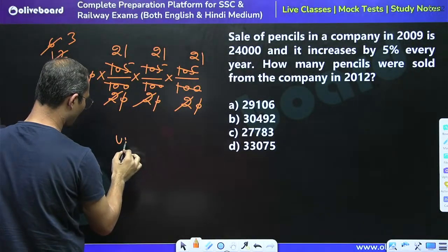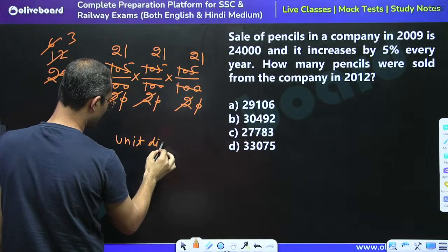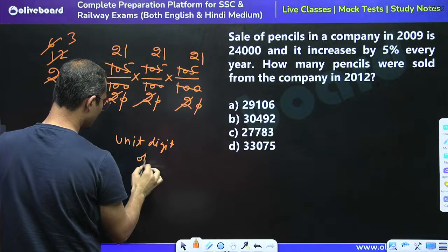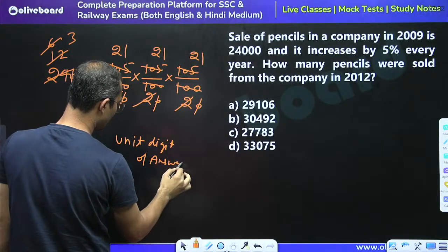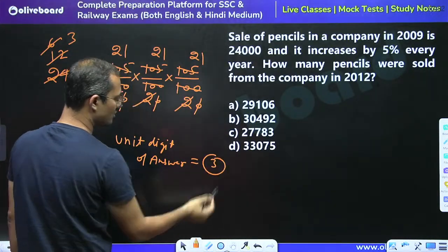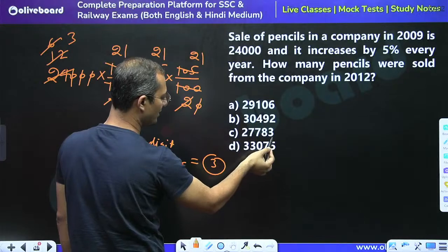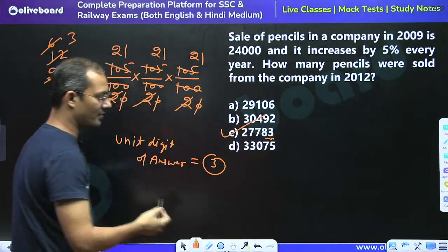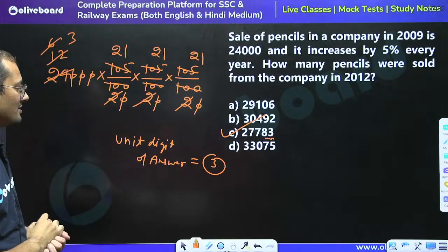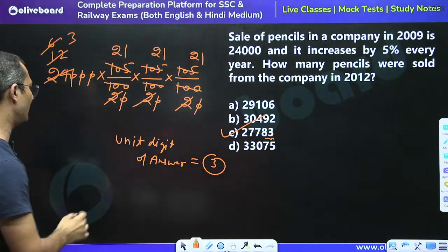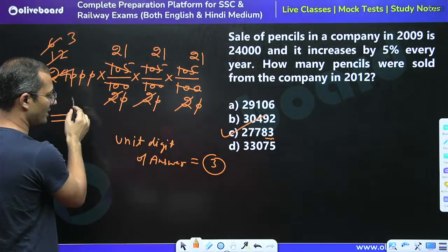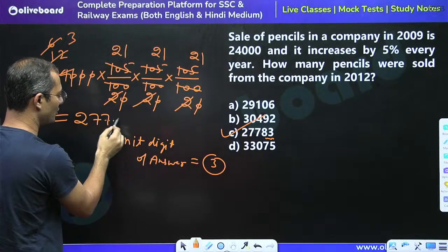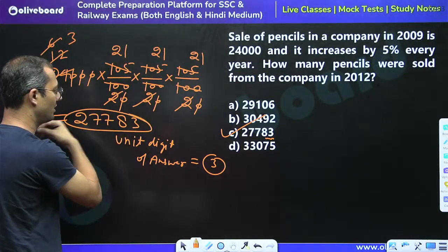The unit digit of the answer must be 3. So there we are having only one option in which the unit digit is 3. Just checking this, we can say that the answer is 27783. So after solving it, we will get 277. So no need to calculate all. Is this clear?